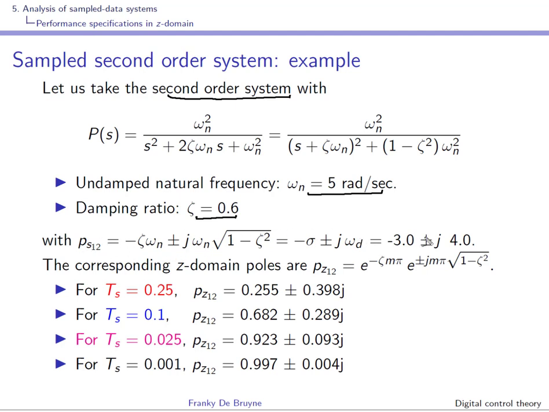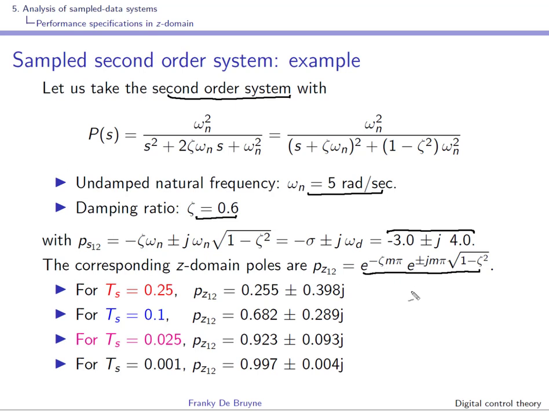So you can have a look at the poles in continuous time, and if you compute the formulas, you'll see that the poles are located in -3 plus minus j times 4. So we can also have a look at the corresponding sampled poles.